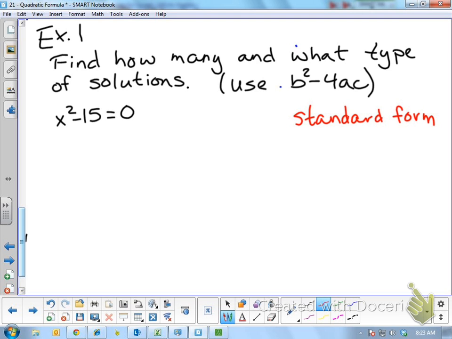we talked about standard form a lot when we were graphing. Then standard form looked like this. A was the number in front of x squared. So it doesn't include x squared itself. A is in front of x squared.